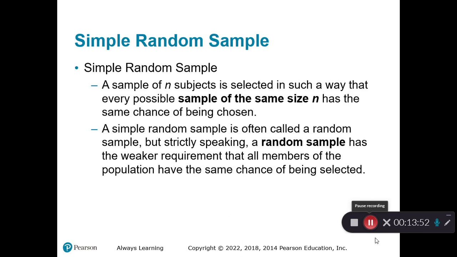So it's not just about every individual being able to make it into the sample, but once an individual is chosen for the sample, all the others that are left can also be part of that group.